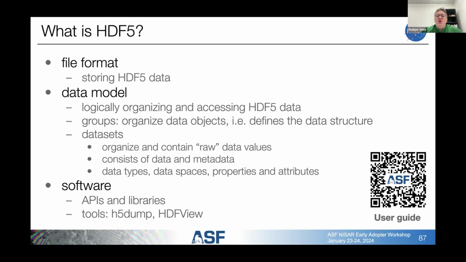Every data object can have all sorts of properties and attributes. If you come from a GIS world, then you know what to do with attributes. So that covers it in a nutshell, and we will go through those in more detail.